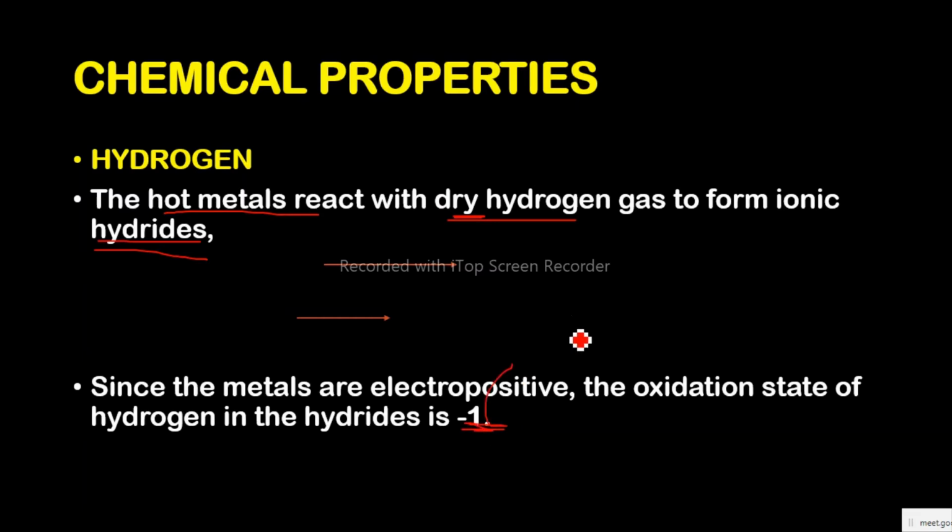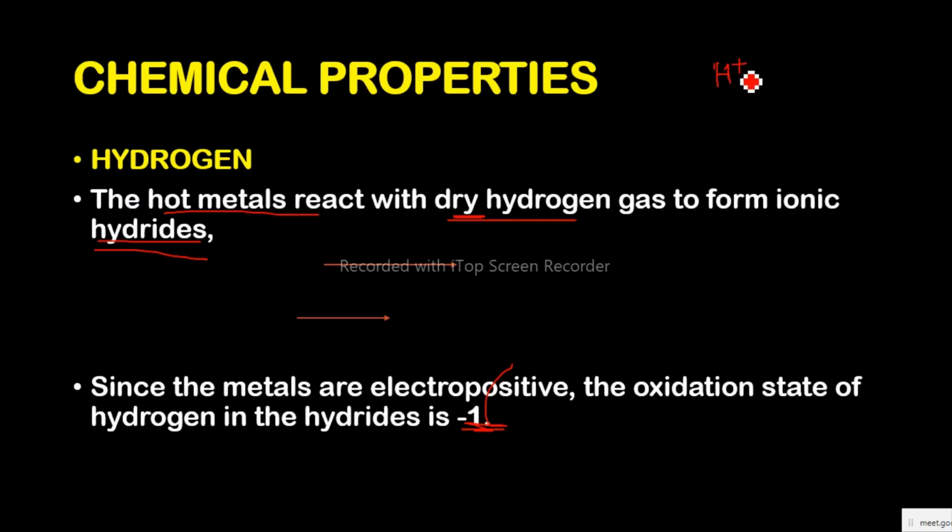The hydrogen can react as a proton, depending on what it is reacting with. If it is reacting with a highly electronegative atom, it reacts as a proton, and it loses its one electron.